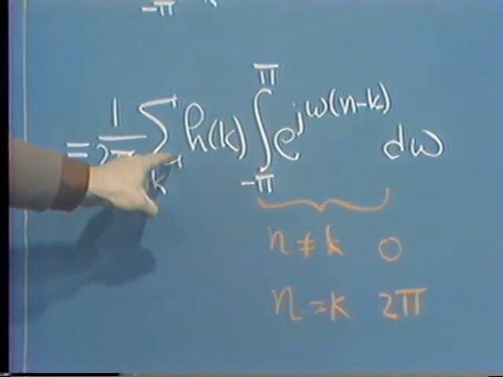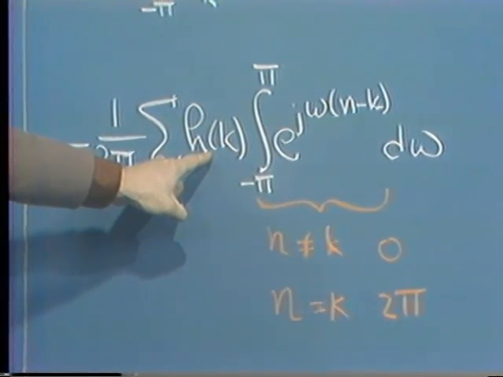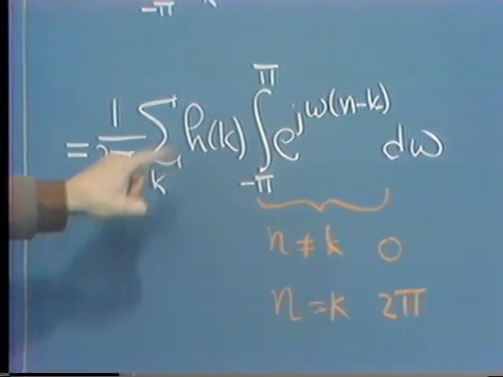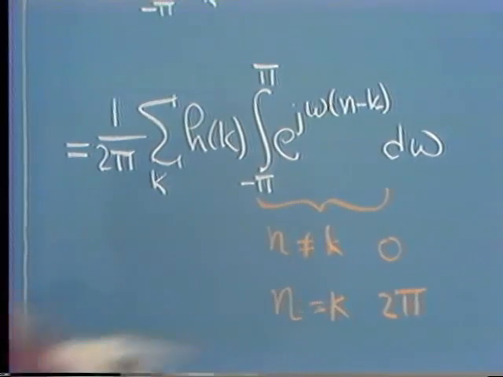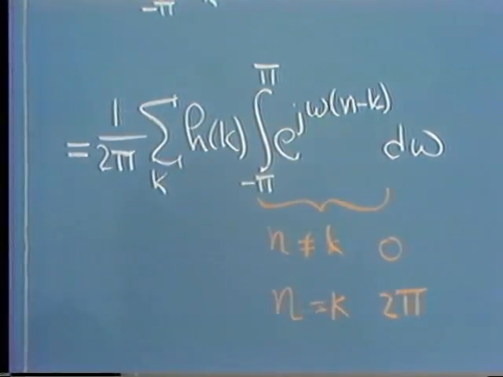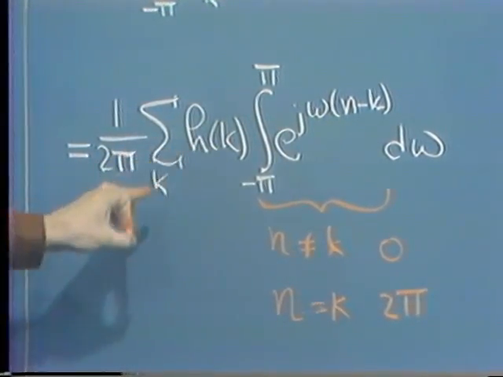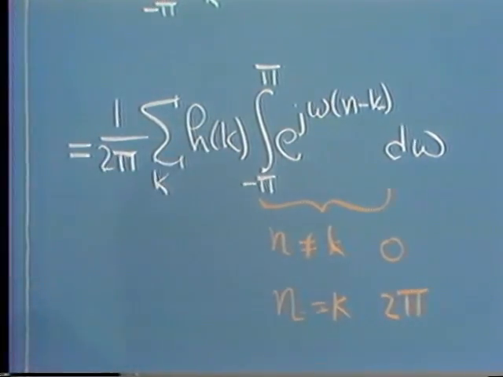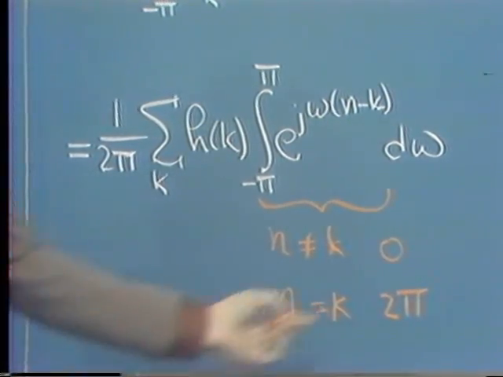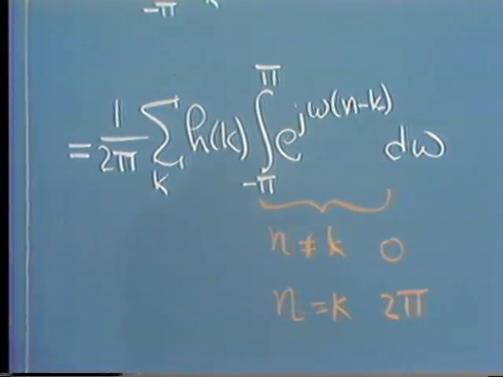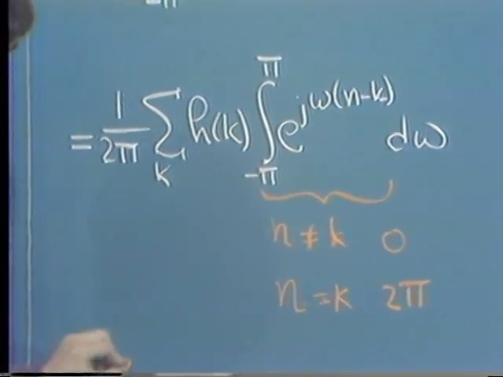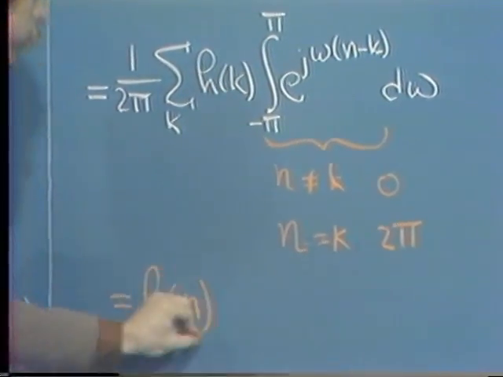Well, that means that the only term in this sum that is going to contribute to the answer is the term for k equal to n, because for all the others, the integral is 0. For k equal to n, the value of this integral is 2 pi, which will cancel out this 1 over 2 pi, and consequently, we get h of n.